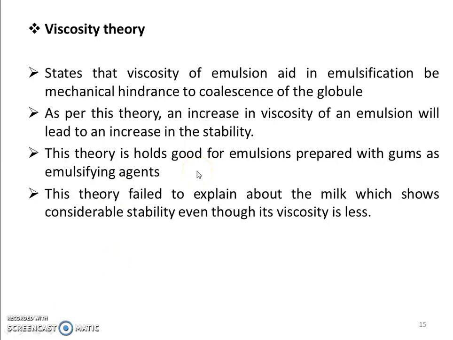We can particularly use this theory for emulsions that are prepared with gums, for example acacia and tragacanth, as an emulsifying agent. There is one limitation of this theory: it fails to explain milk. Milk is a natural emulsion, but it has a low viscosity and still it is stable. So this theory fails to explain how it happens in the case of milk.